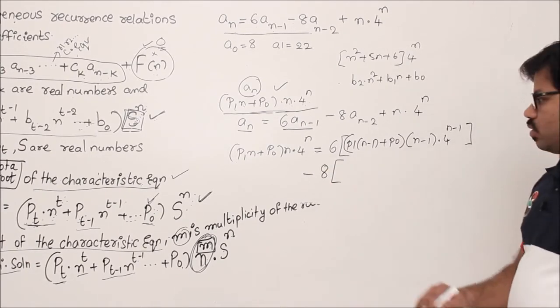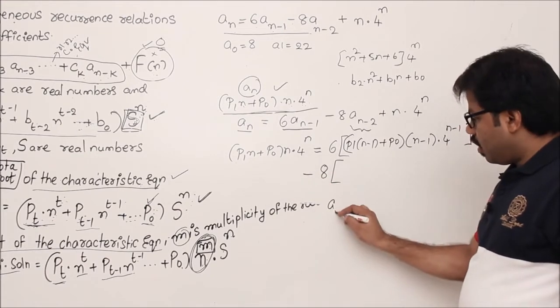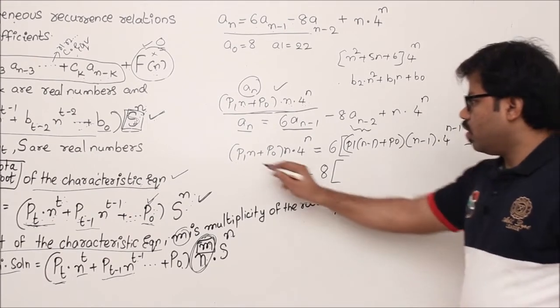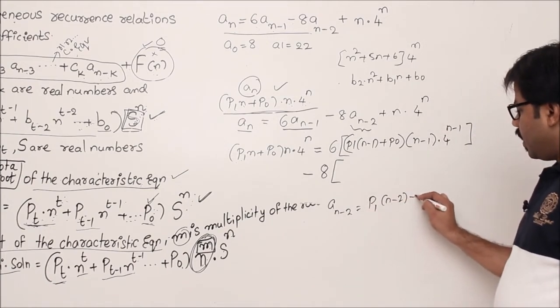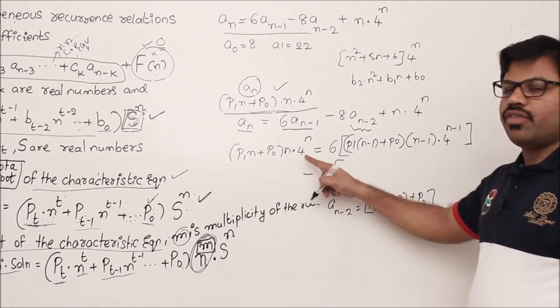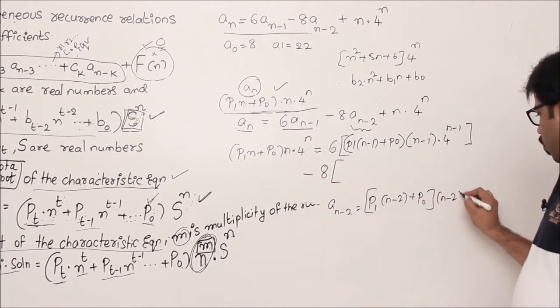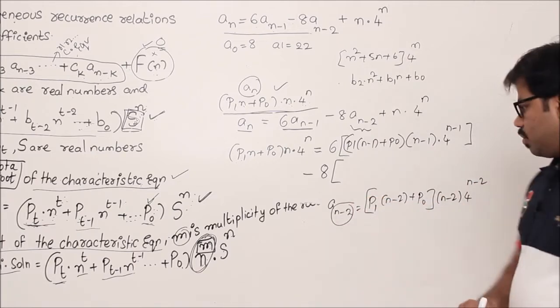What is an minus 2? Particular solution of an minus 2, same thing, let me write it. Particular solution of an minus 2 equals (p1 into n minus 2 plus p naught), brace, into n into 4 power n will become n minus 2 into 4 power n minus 2, because our term here is n minus 2. So let's substitute it.